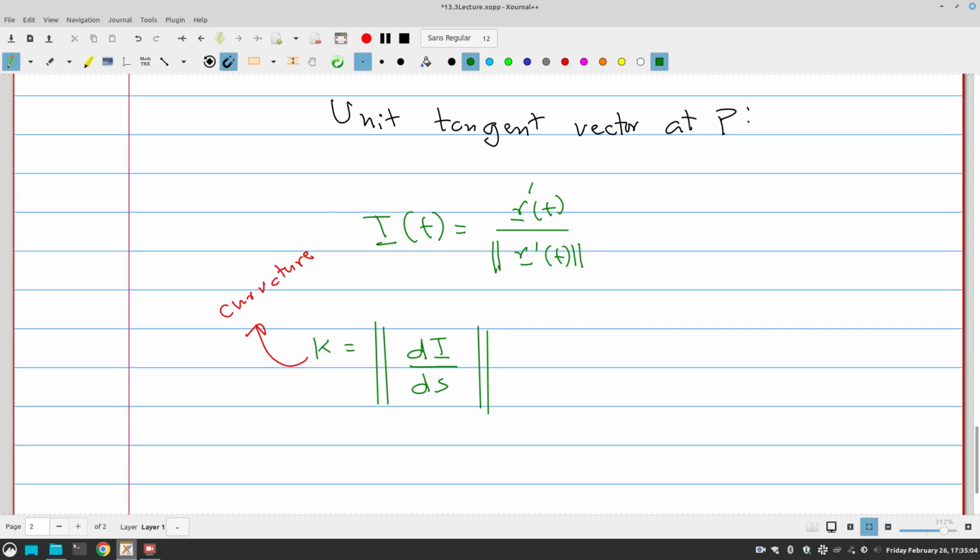We may write dT over ds as dT over dt times dt over ds.